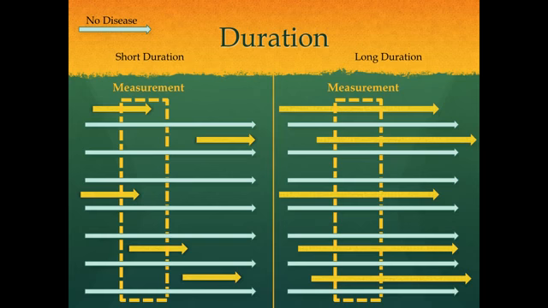On the left, the duration of the illness is short, and 2 of those with disease are not caught during the time of measurement. On the right, however, all 5 people with disease are detected in the same measurement period because the duration is longer. In other words, the prevalence of the disease in the left-hand diagram is less due to the shorter duration of the illness, even though the incidence remains constant between the sides of the diagram.